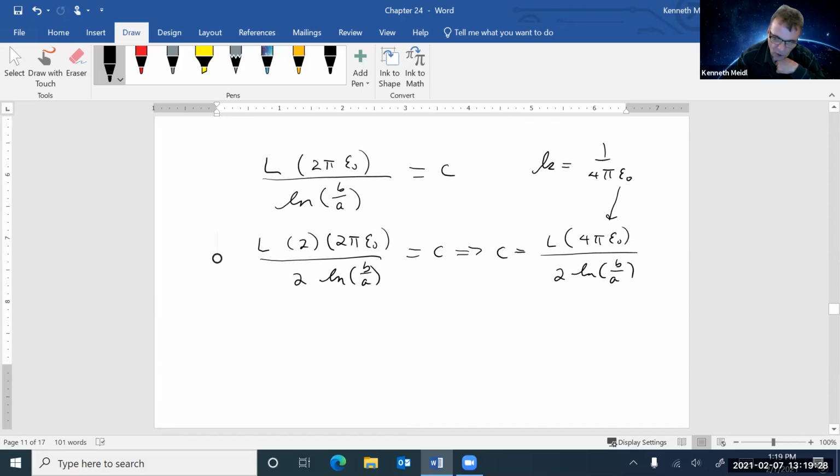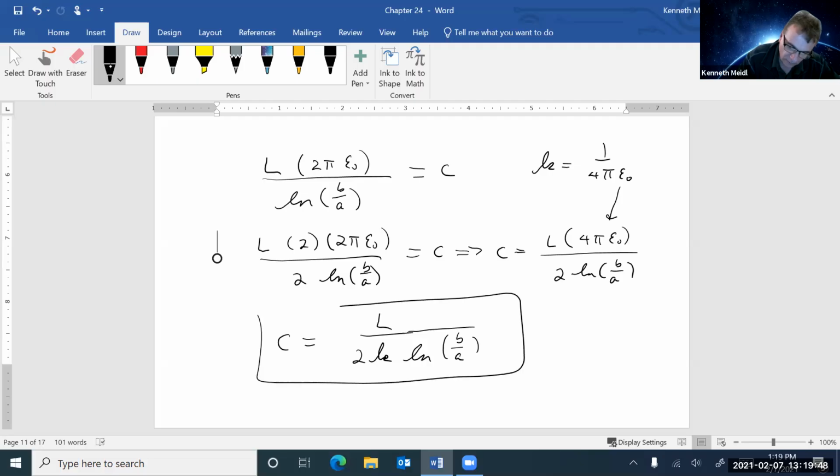K is 1 over 4 pi epsilon naught. And so maybe that's the reciprocal of K. So I think we can write this as L, and on the bottom, that's where the K goes. And then we have the natural log of B over A. So this might be a compact way of writing this for a cylindrical capacitor.